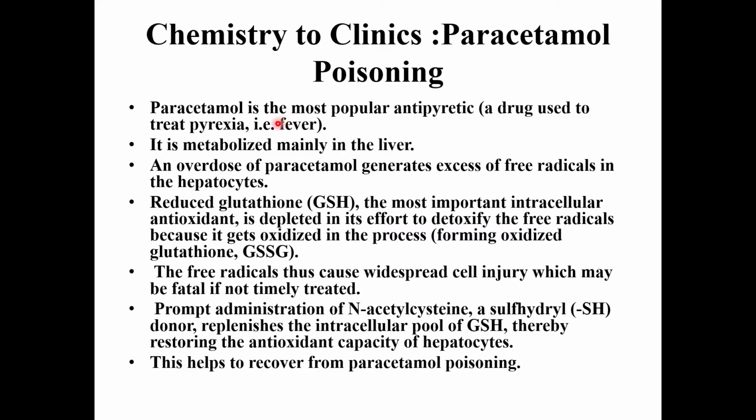Paracetamol is the most popular antipyretic, that is, a drug used to treat pyrexia, that is fever. It is metabolized mainly in the liver. An overdose of paracetamol generates an excess of free radicals in the hepatocytes. Most of the free radicals are generated in the hepatocytes.